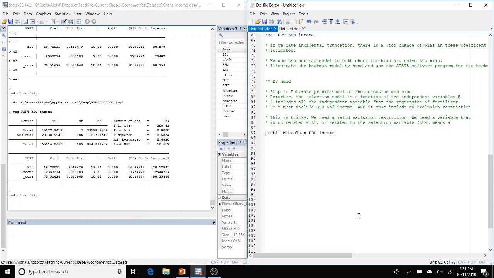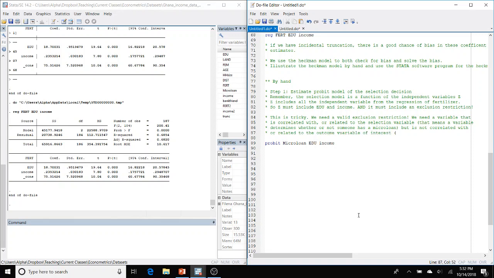That means a variable that determines whether or not someone has a microloan, but is not correlated with or related to the dependent variable, or we can say the outcome variable of interest.